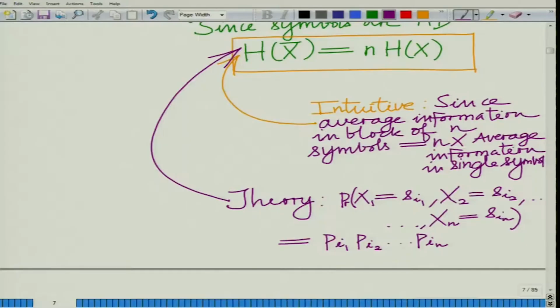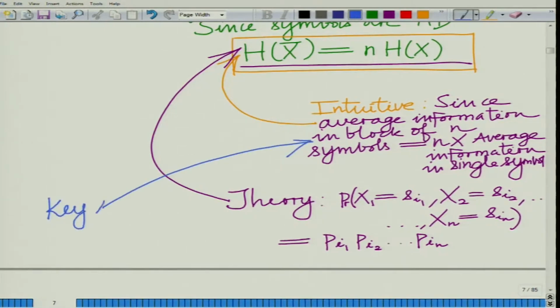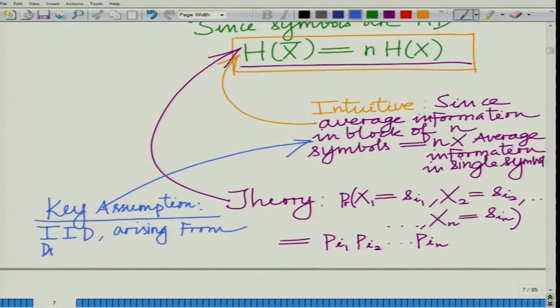And you can again see the key assumption here is independence, or IID, arising from the discrete memoryless source. Okay, so that has to be kept in mind.